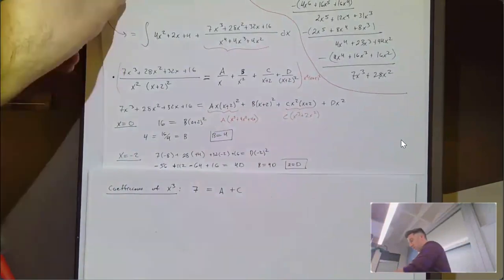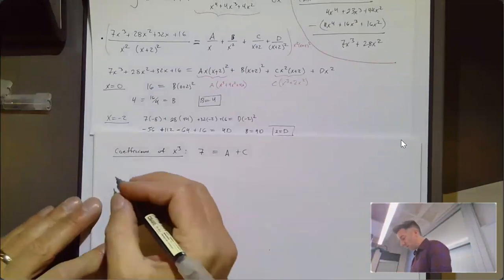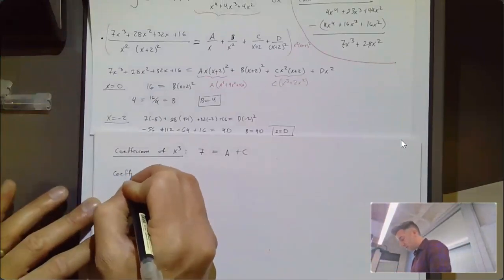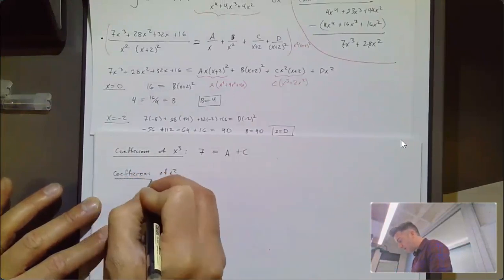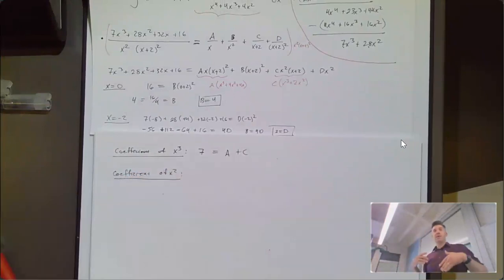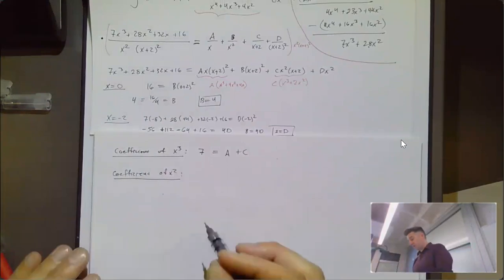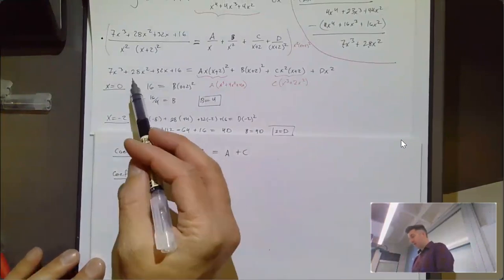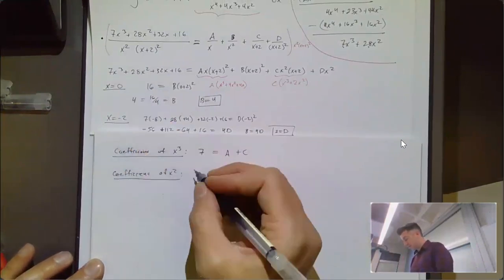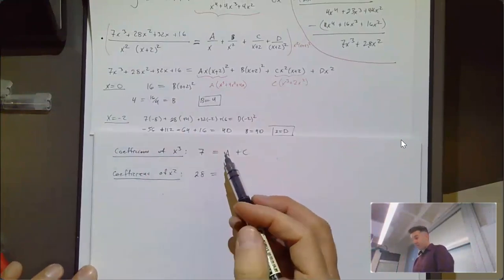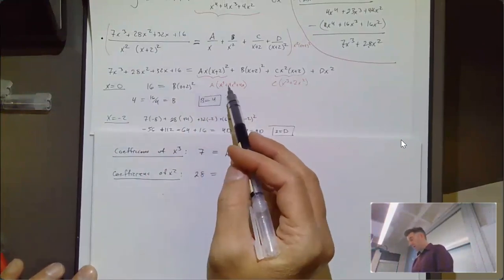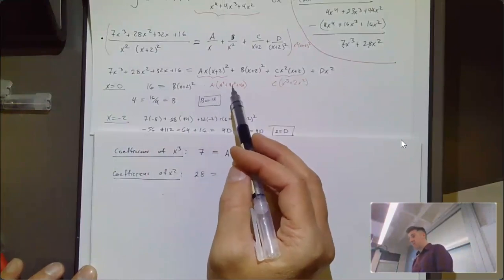So let's table that for a second and now look at the coefficient of x squared. I do recommend going from highest to lowest because usually the higher powers have fewer terms involved with them, so it's easier to solve for things. On the left side, the coefficient of x squared is 28. On the right side, if I multiply out this first term, I'm going to get 4a times x squared.